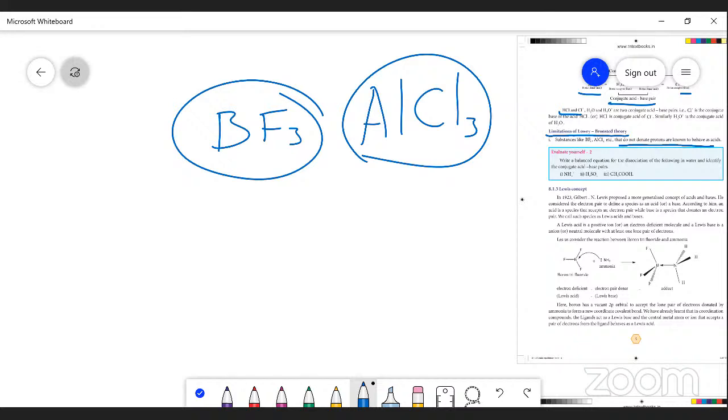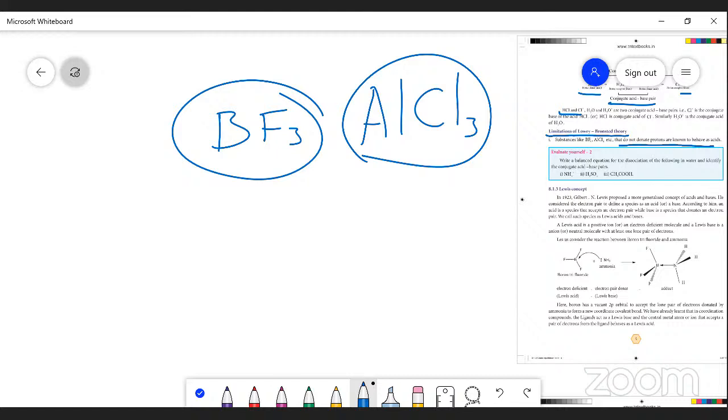Now let us see evaluate 2. In evaluate 2, what is that? Write the balanced equation for the dissociation of the following in water and identify the conjugate acid base.